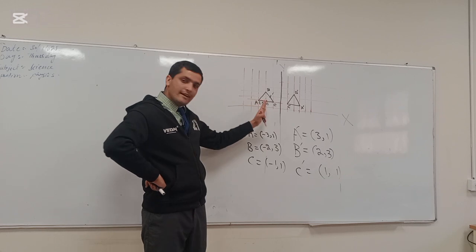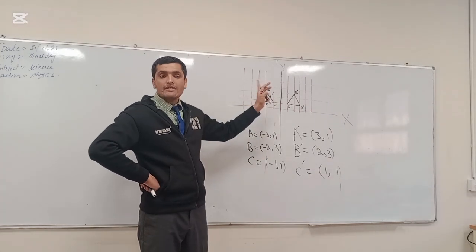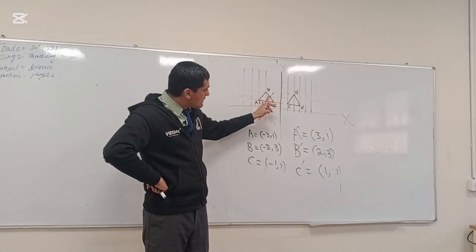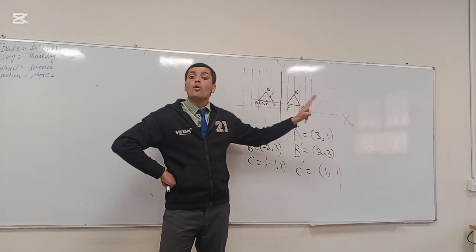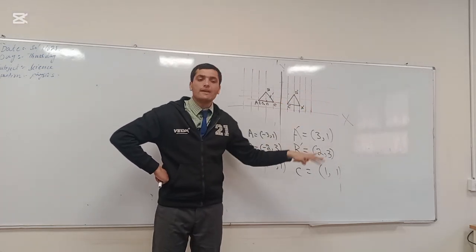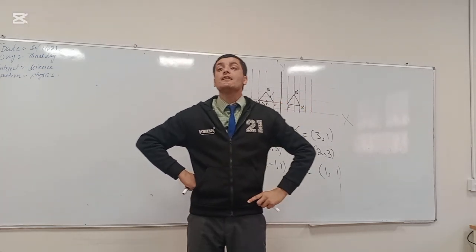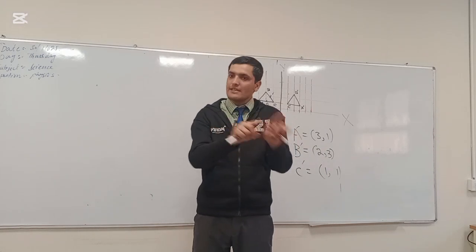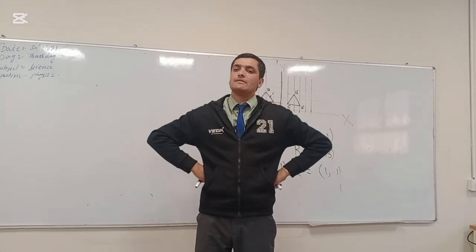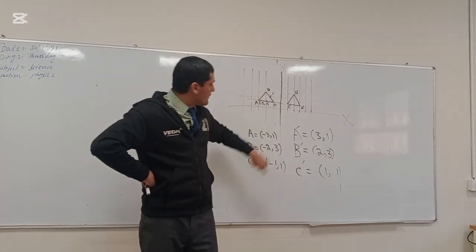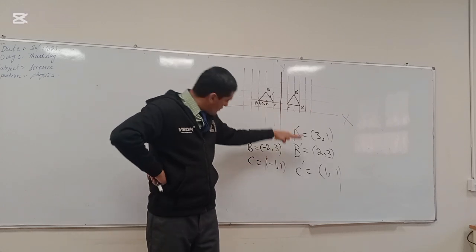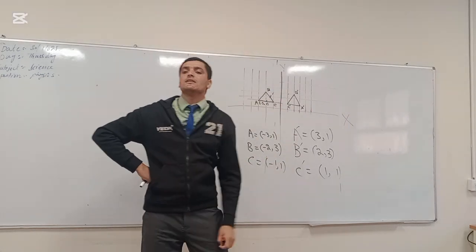So the mirrored image is the one whose y coordinates are the same, and the x coordinates change sign: positive becomes negative and negative becomes positive. So that's the only difference.